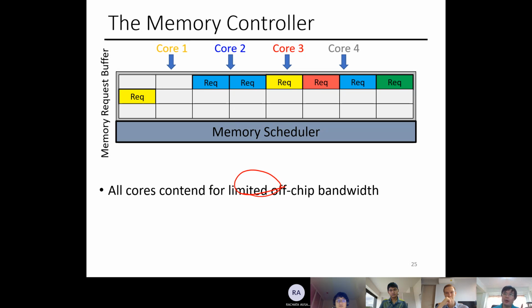Let's say core 1, core 2, core 3, and core 4 are all running different applications. Let's say this is Chrome. This is YouTube. This is Dota 2 for some reason. And this is Microsoft Word, right?